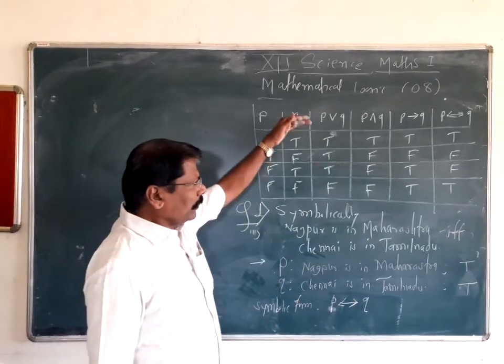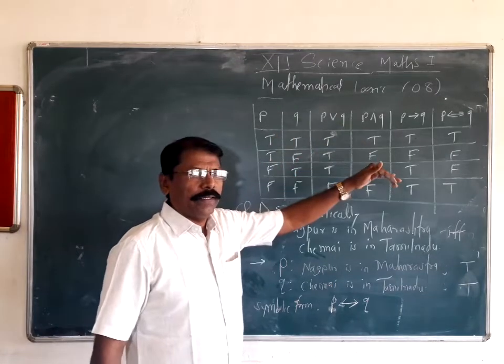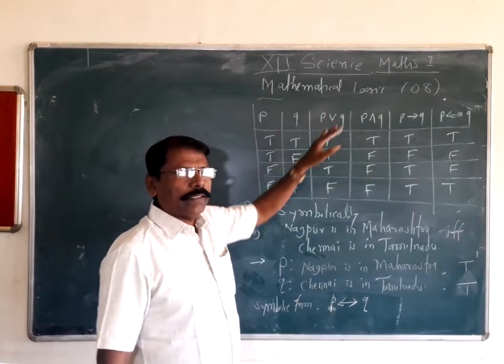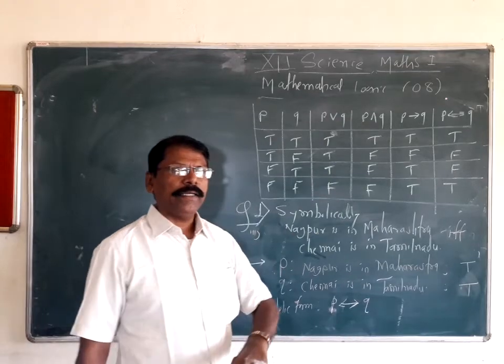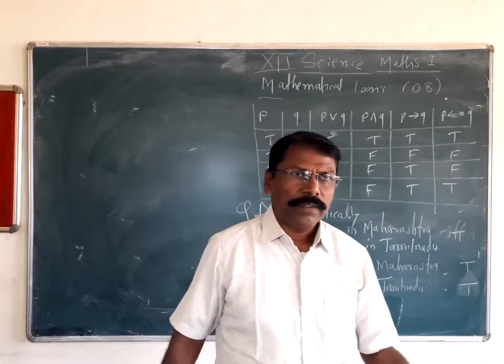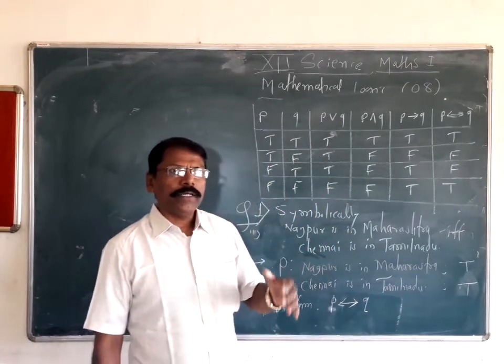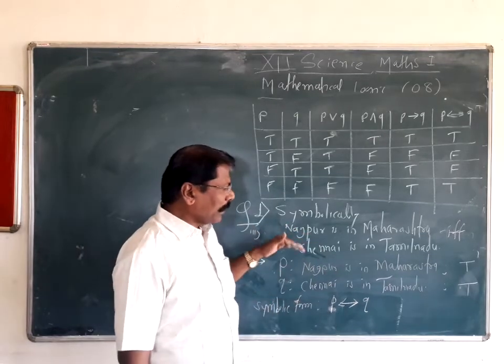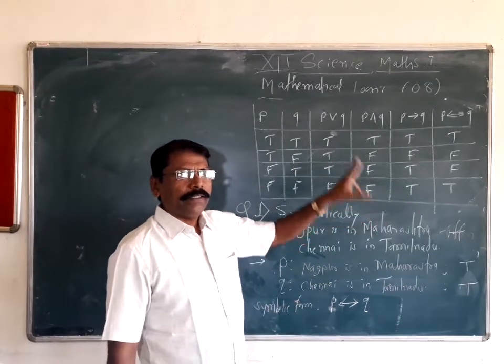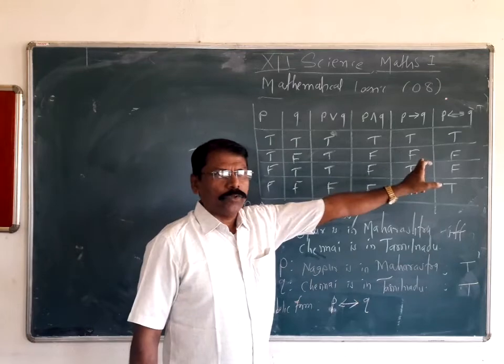So if you remember this truth table and the symbols, then every statement can be read easily in symbolic form, and if you know the truth values, you can write the truth values of the statement with the help of these two tables.